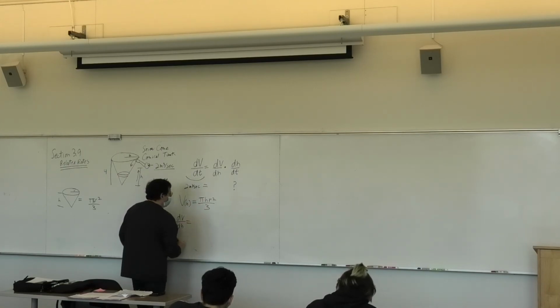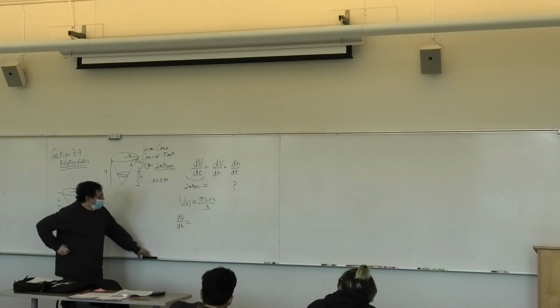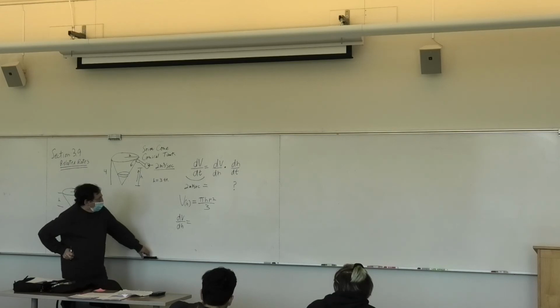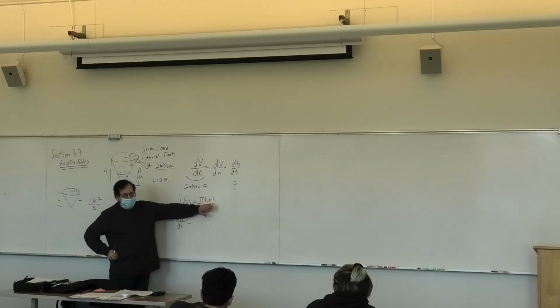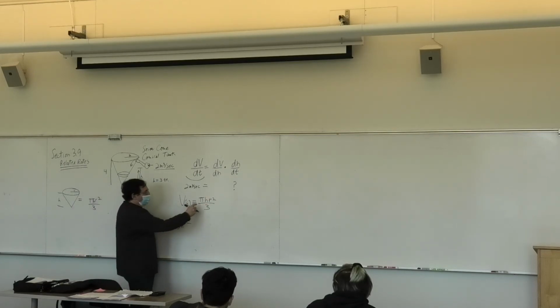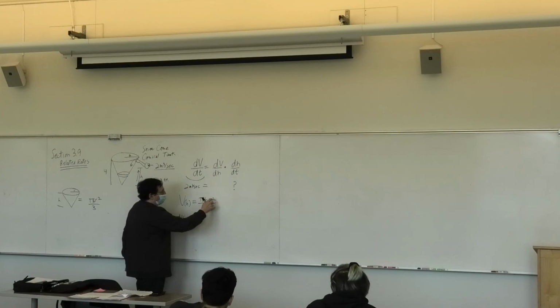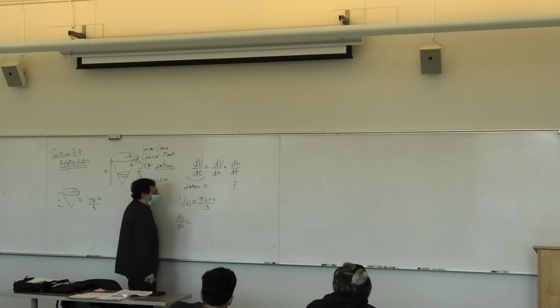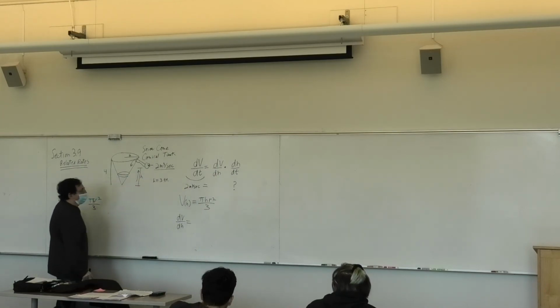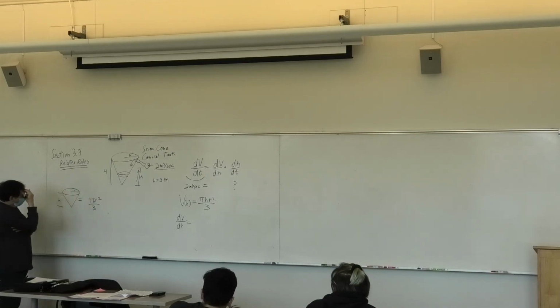What's dV dh? I think this is confusing because there's a lot of letters here. Pi is just a constant like 3, so we can ignore that. R is just whatever the radius is. Oh, wait a minute, hold on.